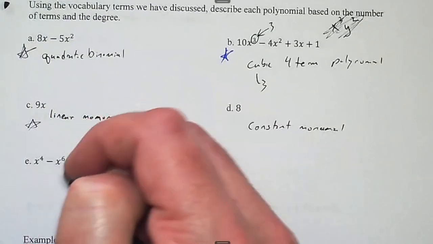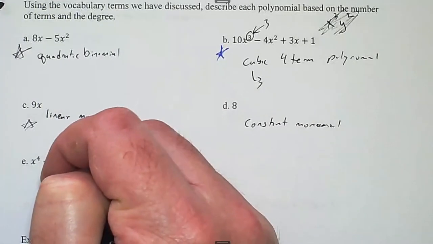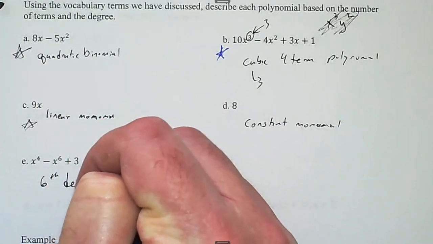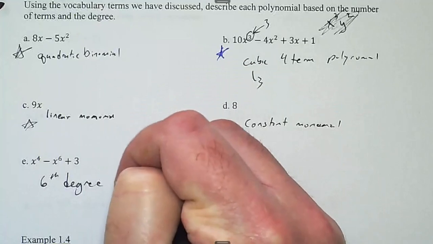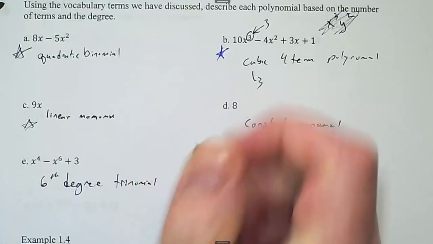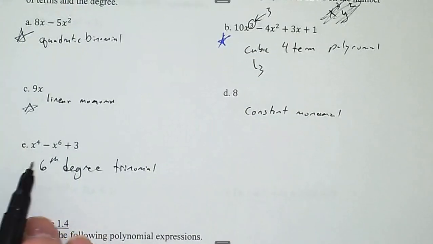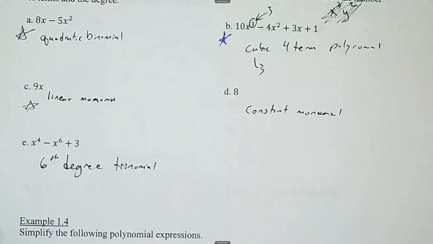This is a sixth degree trinomial. And we will actually look at solving a few special cases of those. Anything beyond degree 3 becomes special cases to solve. There actually is a cubic formula that's used in math.